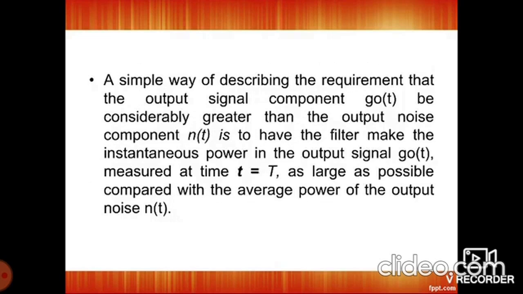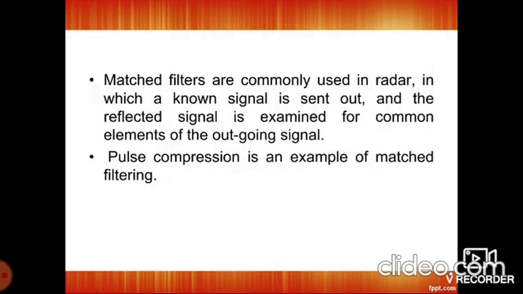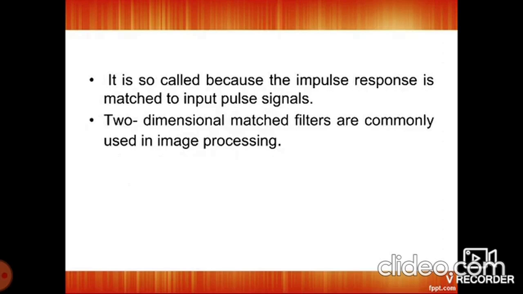So matched filters are commonly used in radar, where we are waiting for the signal which is sent. It is named so because of the impulse response of the matched filter to input pulse signals.